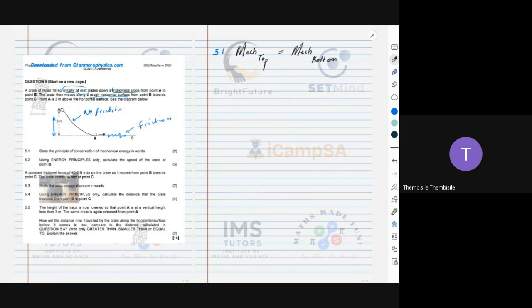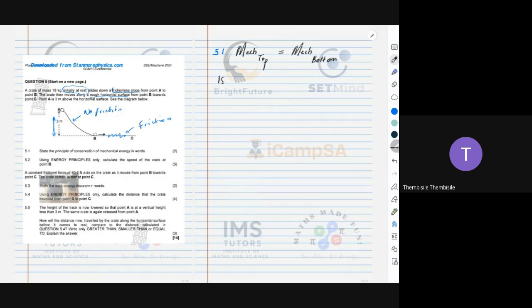So, as I was saying, the mechanical energy at the top should be equal to the mechanical energy at the bottom, right? But this is for an isolated system.